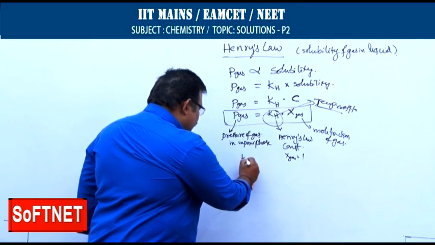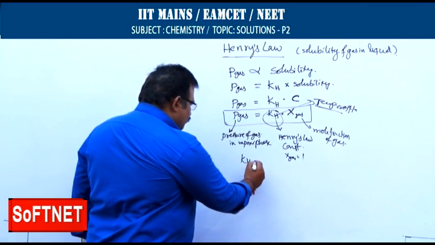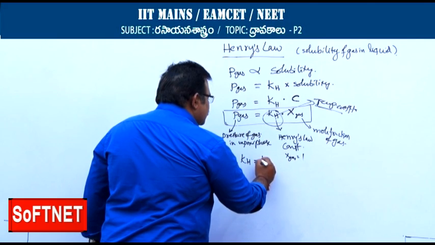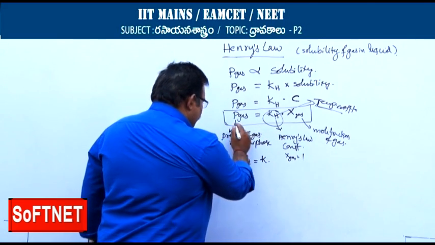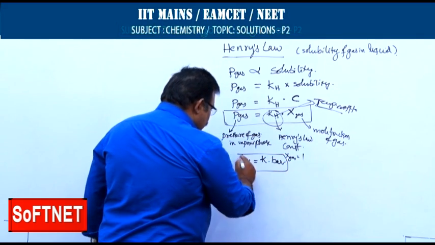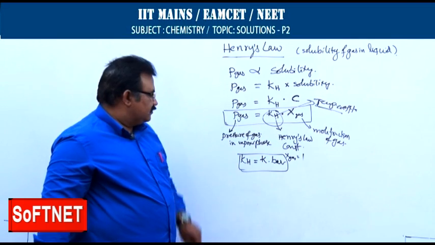The units of Henry's law constant: since it involves temperature in Kelvin and pressure expressed in bars, the units are Kelvin bar.